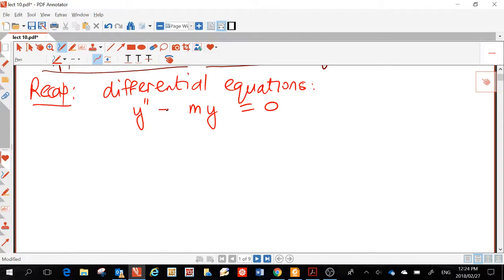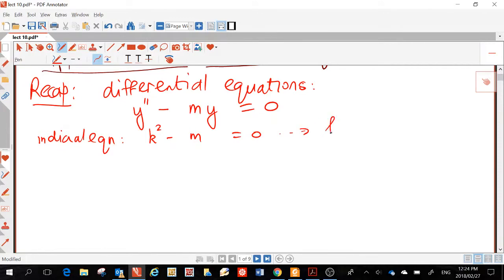You can do this with the Laplace transforms. Have you heard of the Laplace transform? Integral e to the minus kt and stuff ds. Essentially, what you do is you write what we call an indicial equation. That's like a quadratic equation, like k squared minus m equal to 0.